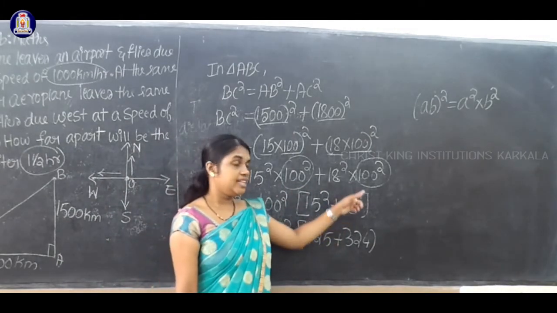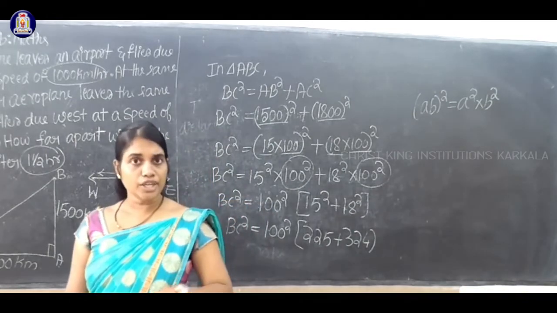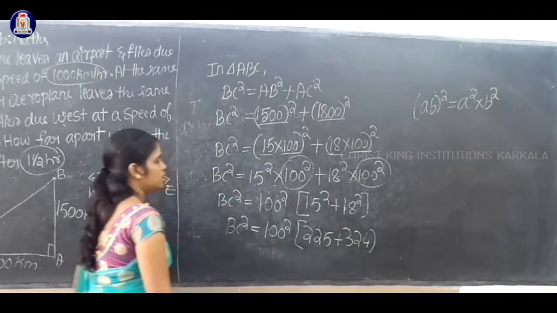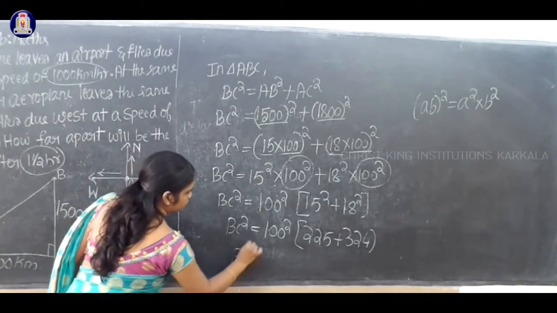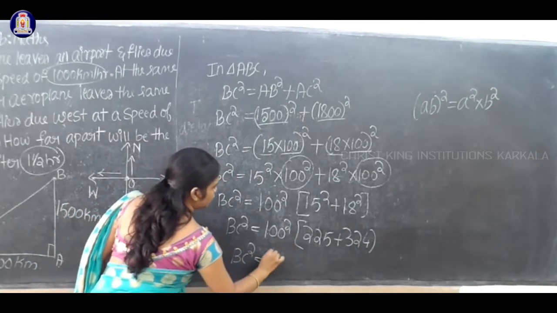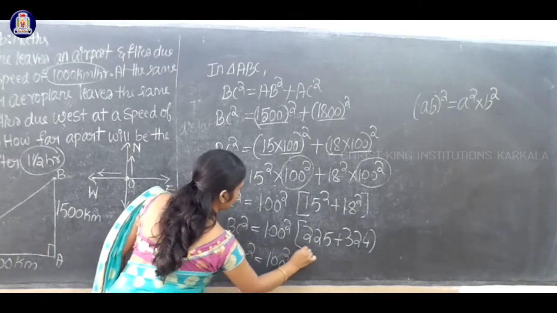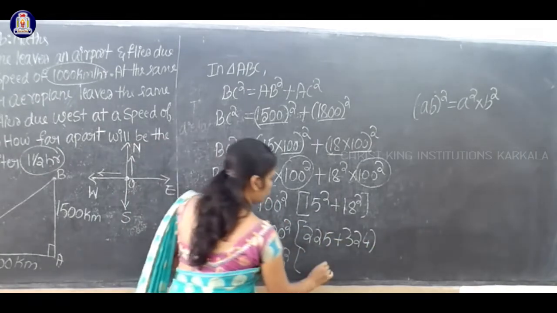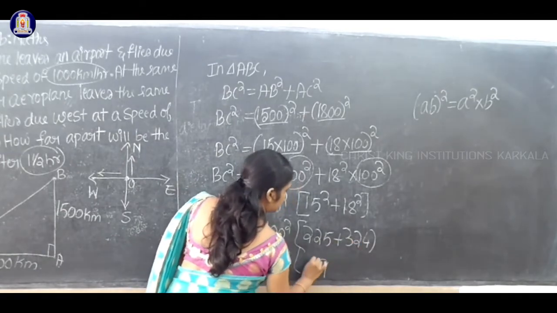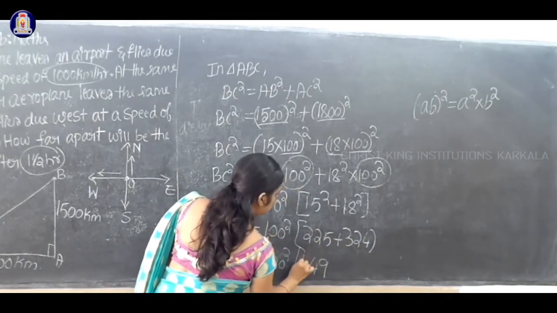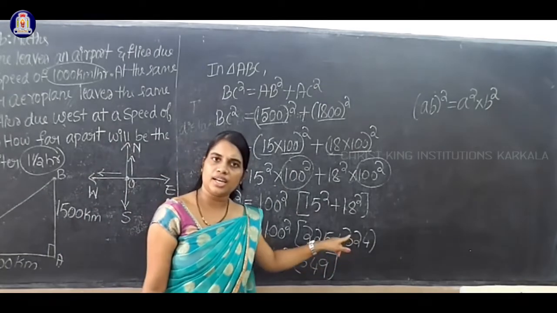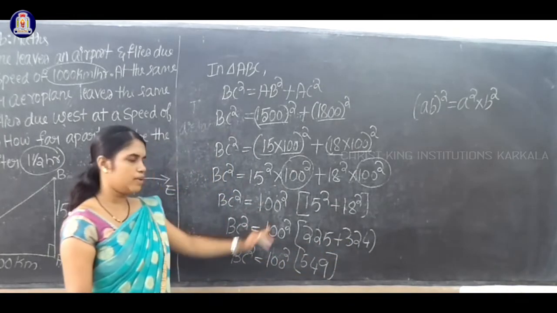Plus 18 square means 18 into 18 equal to 324. Yes. So now BC square equal to 100 square. Add these two terms. 5 plus 4 how much? 9. 2 plus 2 is 4. 3 plus 2 is 5. So you will get 549. Yes. So this is your BC square.